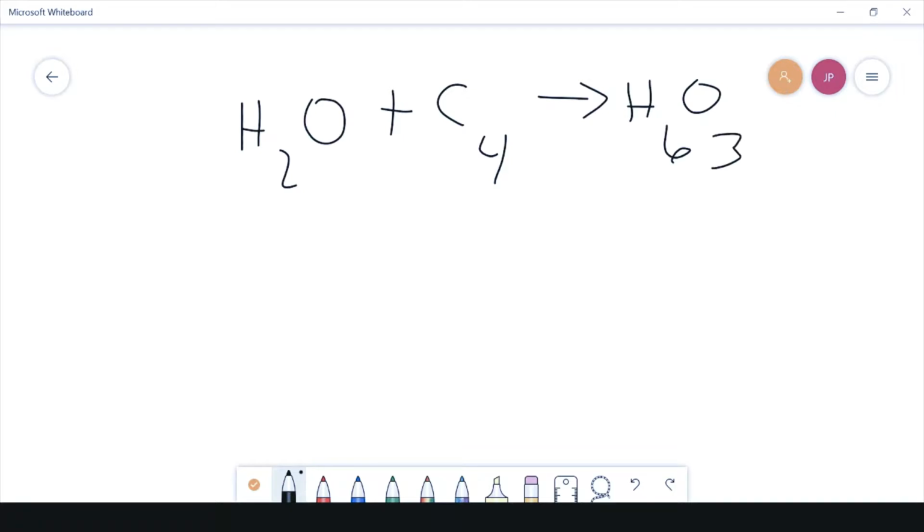H6O3 and then C12. So it all combined, even though it probably wouldn't, it's probably not even real. We've got blank, blank, blank.